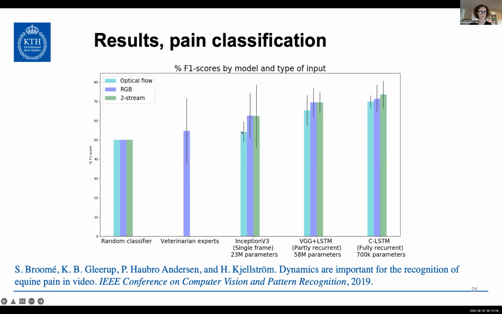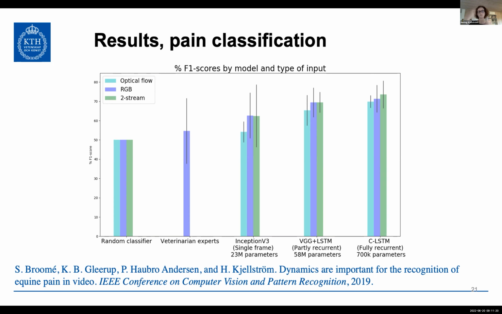Is this one? And then we have a network that treats every frame using a CNN, and extracts a representation of that frame, and then has a LSTM on top.